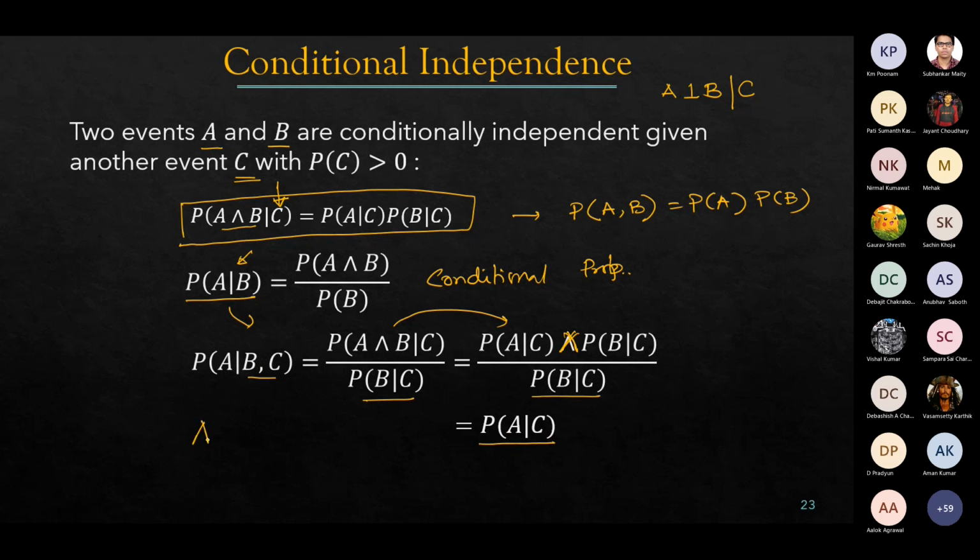We are saying that A and B are independent of each other given C. So the conditional probability A given BC only depends on C, and I can safely remove B from our formula to get probability A given C.